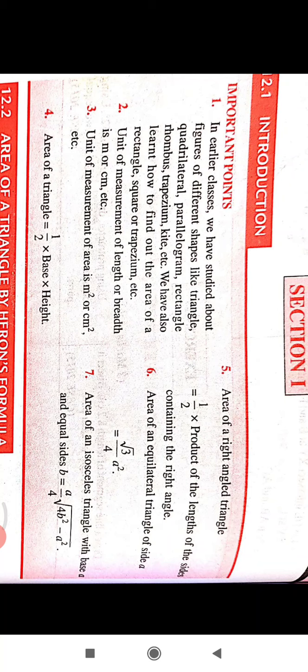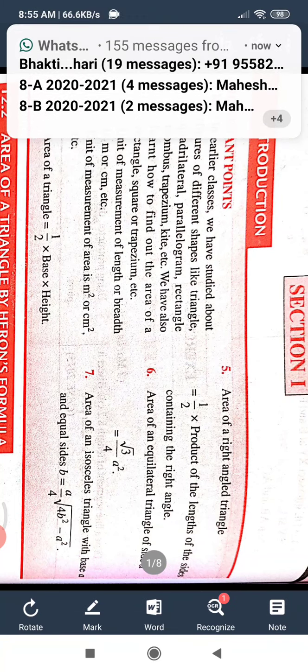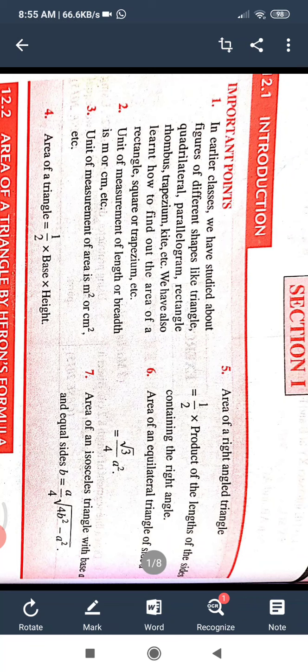Now the unit of area is meter square or centimeter square. Area of a triangle equals 1/2 multiplied by base multiplied by altitude. Sometimes we call altitude the height.